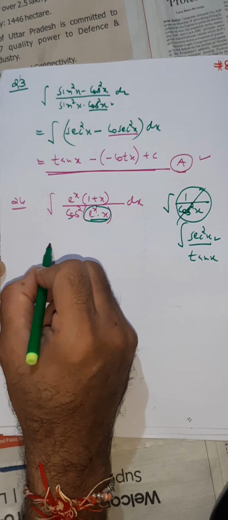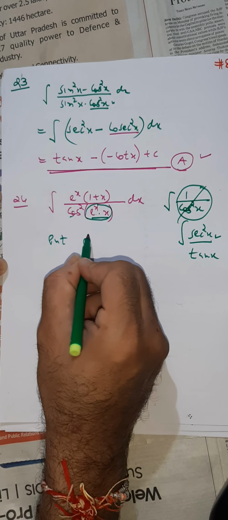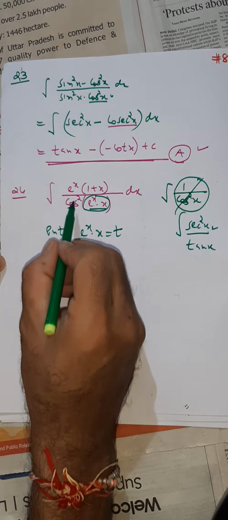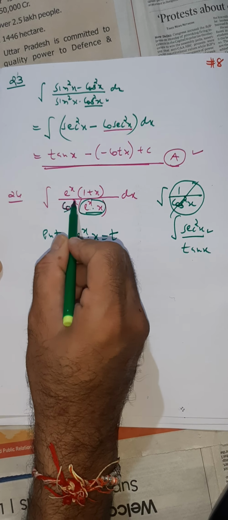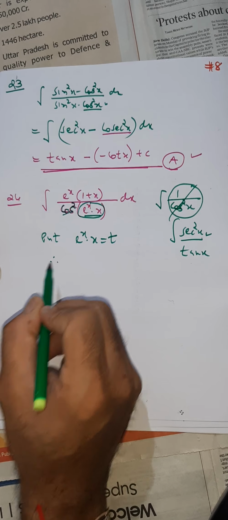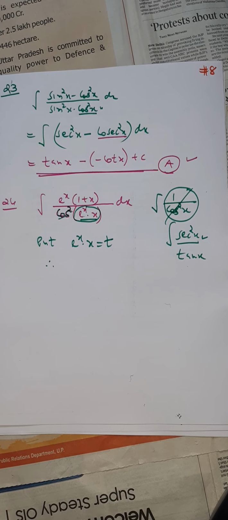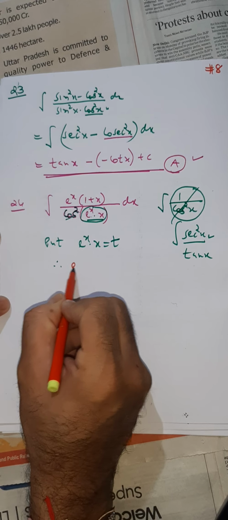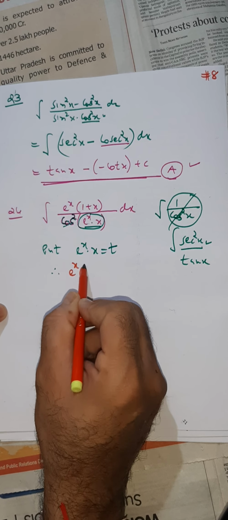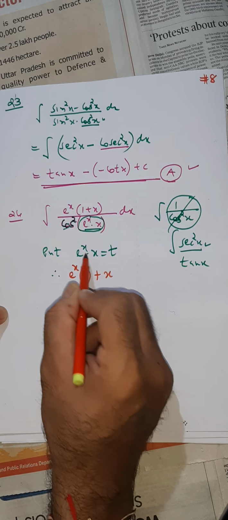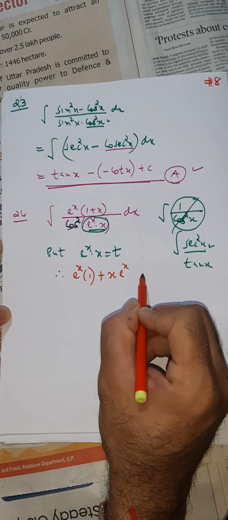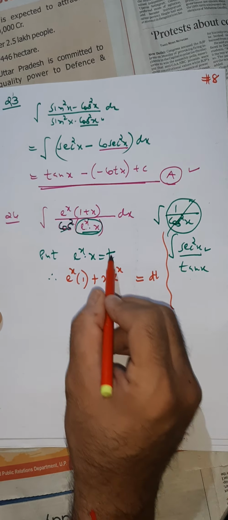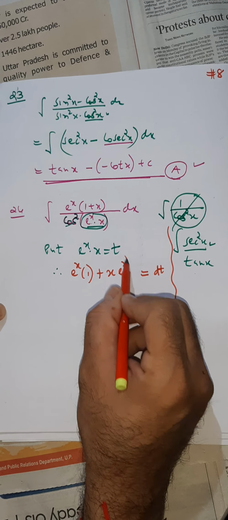So we take this one, e raised to x into x, equals t, remember. This cos square as it is. Now once you take a substitution in integration, always you need to differentiate it. On the left hand side, product rule: e raised to x as it is, derivative of x is 1; x as it is, differentiation of e raised to x is e raised to x, equals the derivative of t with respect to x, dt by dx.